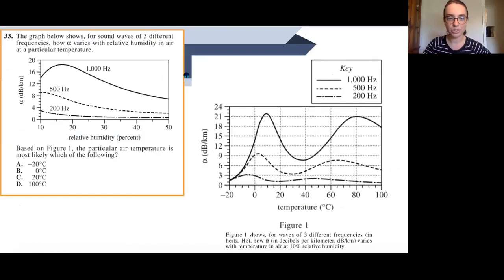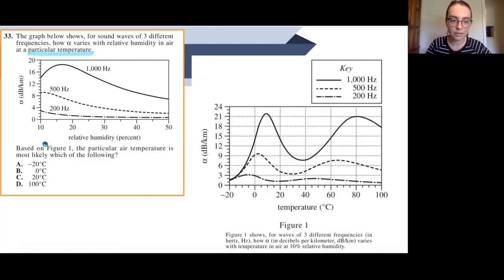The graph below shows for sound waves of 3 different frequencies how alpha varies with relative humidity in the air at a particular temperature. So they don't tell us the temperature. They just tell us here are the different alphas for different sound waves at different humidities. Make sure you're always looking at the axes, the labels, on graphs.